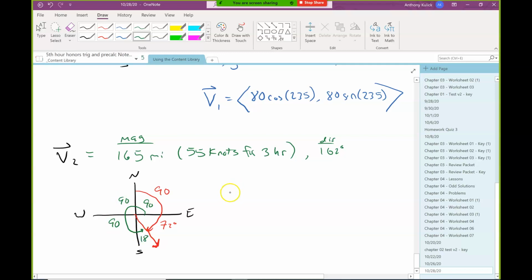Once I have that, the x-coordinate of vector 2 is going to be magnitude times cosine of the angle of rotation. And the y-coordinate is going to be the magnitude times sine of that angle of rotation.